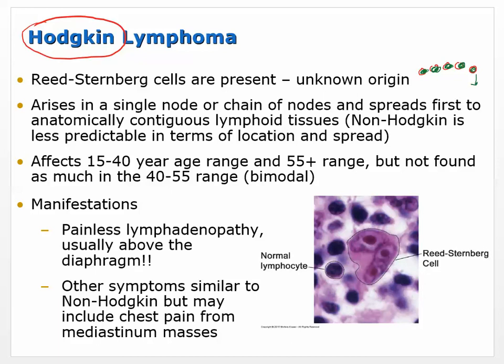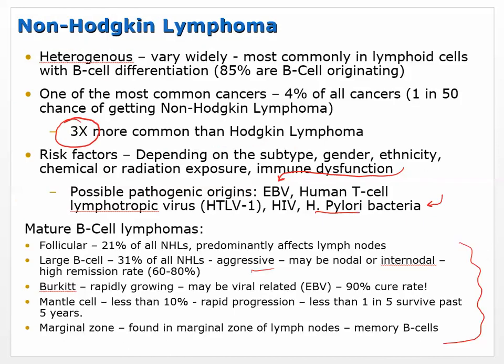So that's kind of important. Also, non-Hodgkin affected people, I believe, under 40, and I think Hodgkin affects the 15 to 40 year range and over 55. So there's kind of this area between 40 and 55 where people are less susceptible to it. I'm not sure why. Okay.